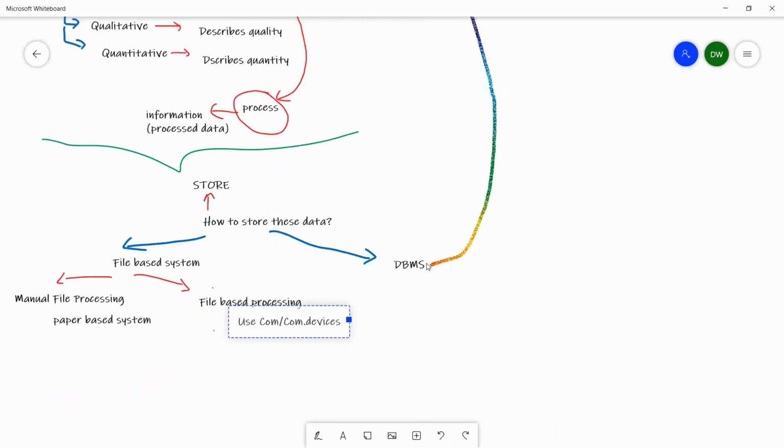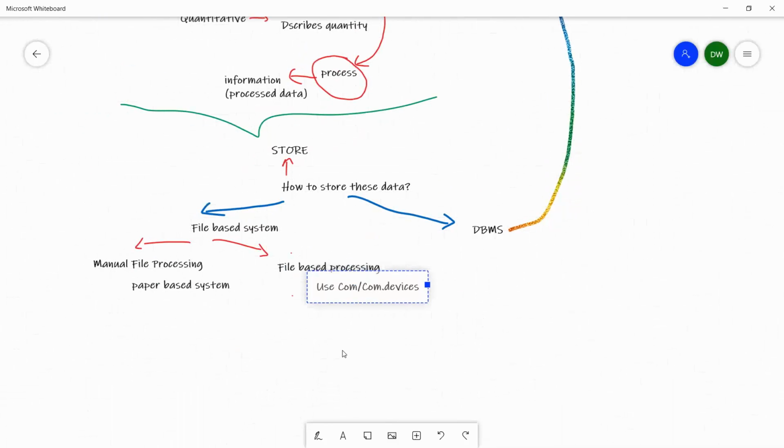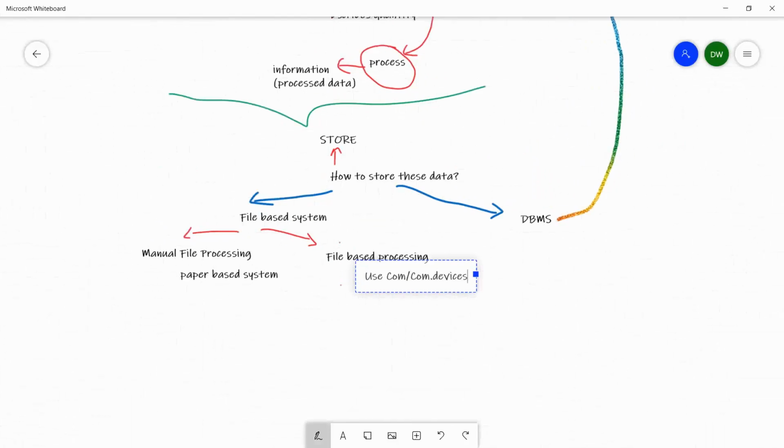The reason for using this database management system is the difficulties we had to face because of these file-based systems. The difficulties are that it is time consuming, it is difficult to maintain the files, and sometimes we have duplicate data and inconsistent data, right?